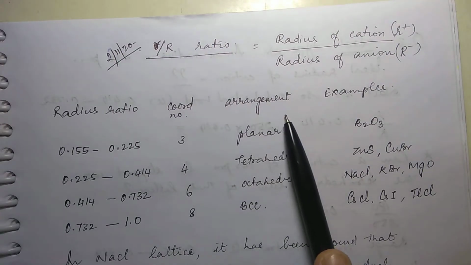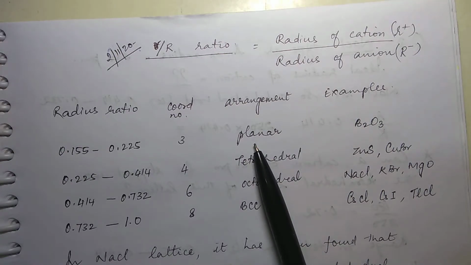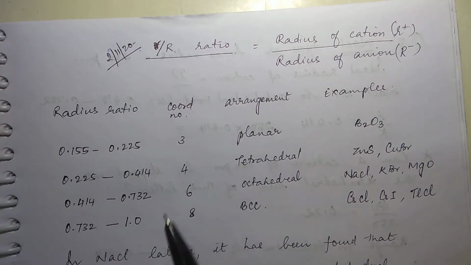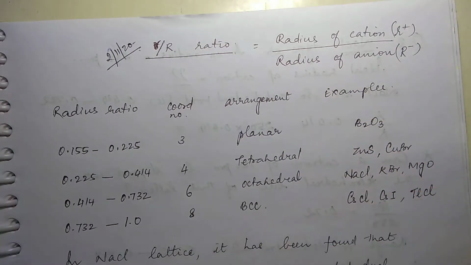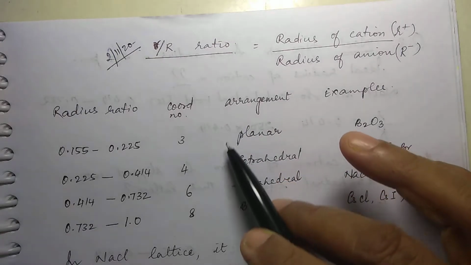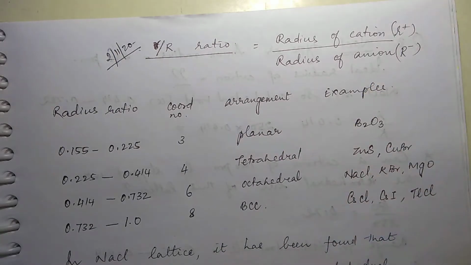So what will be the arrangement? It is planar arrangement. In the case of planar, you know the structure of BF3: central boron surrounded by 3 fluorine atoms gives you a planar arrangement. Just think that boron is there in the void and all 3 fluorine atoms are surrounding it.